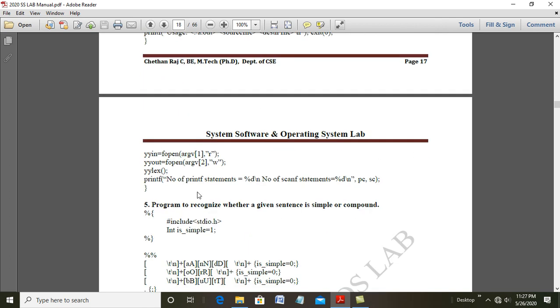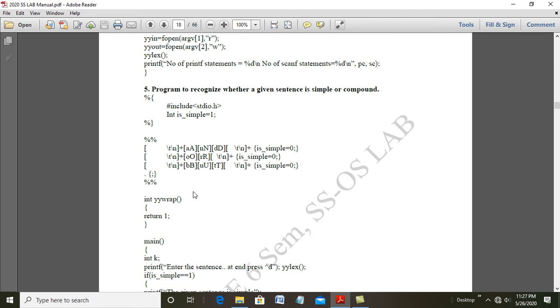And next, the fifth example: a program to recognize whether a statement or sentence is simple or compound. Any statement with and or but, not will be a compound statement. So computer science is not a compound statement. Computer science and engineering is a compound statement, because and is there. Any statement that is lengthy or complex, or contains and, or, but, not, will be considered a complex statement.